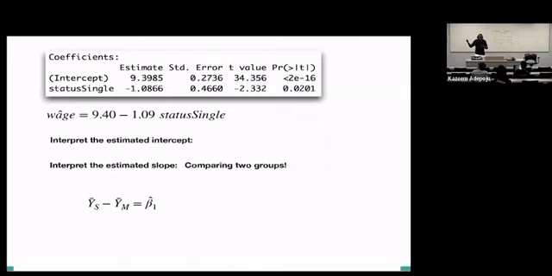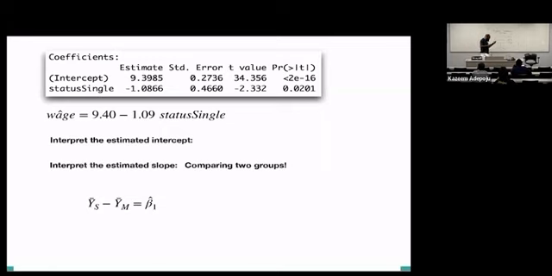On average, it means the married workers earn more than the single workers because of the negative that you are seeing now. On average, the single earn 109 cents less. 109 cents is $1.09, right? So that is what it means.